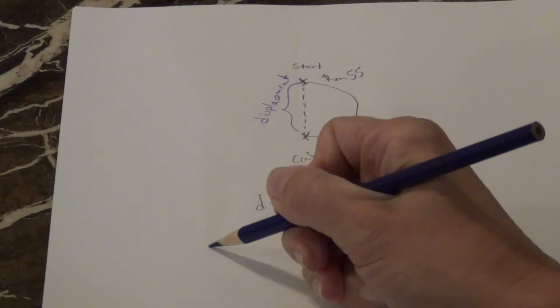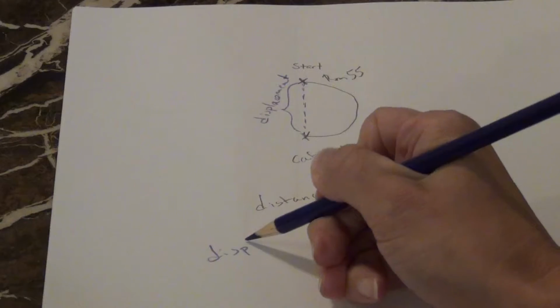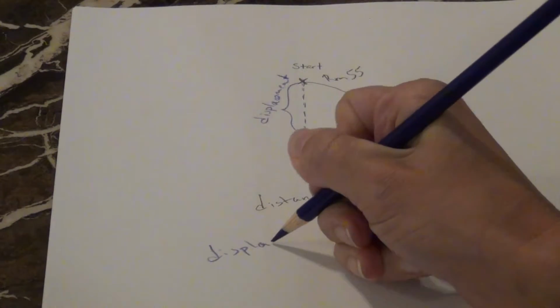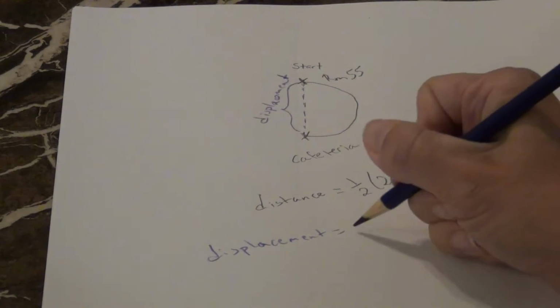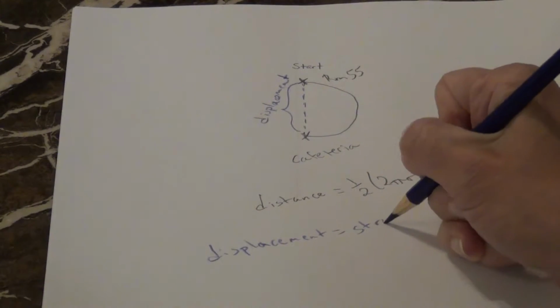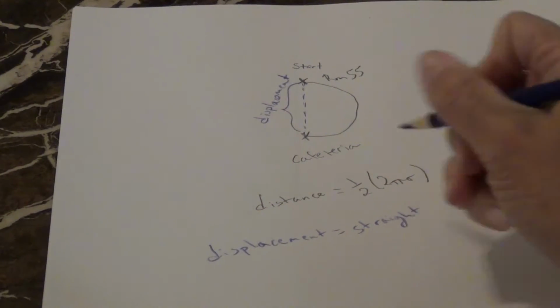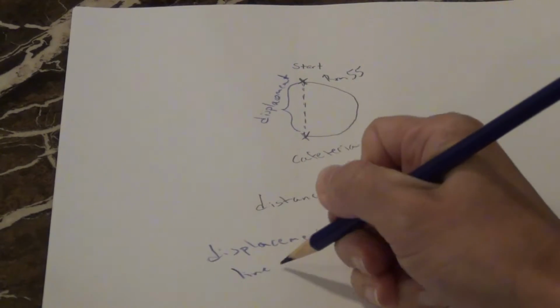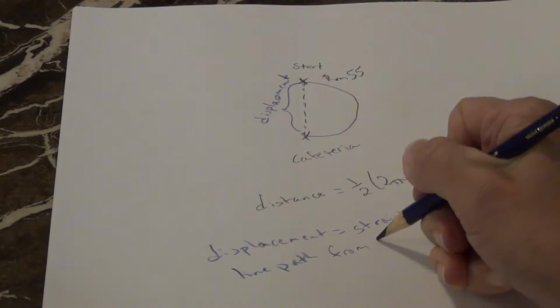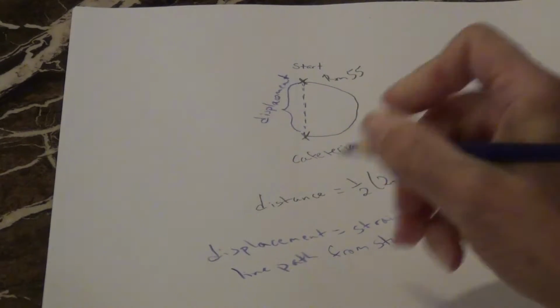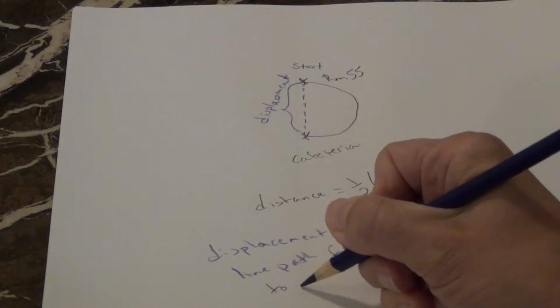So for this case, displacement is the straight line path from where we start to where we finish.